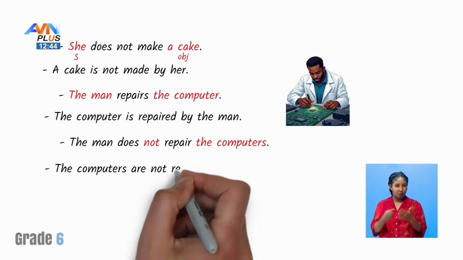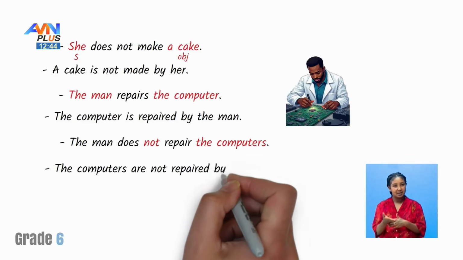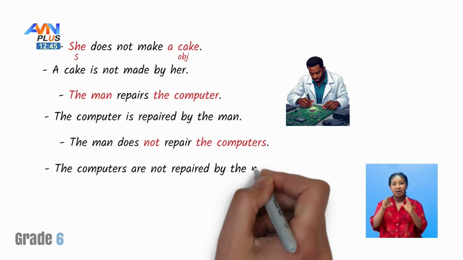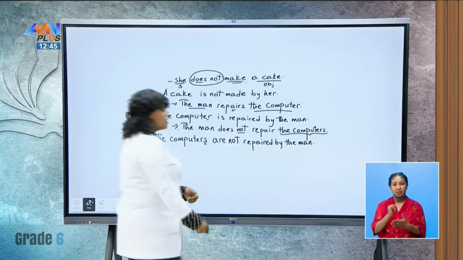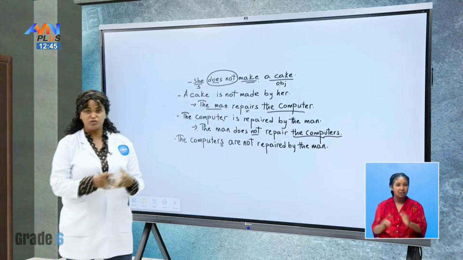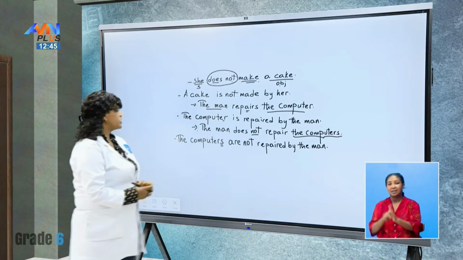So, the computers are, then it's also negative, are not. Yes? The computers are not, yes, repaired by the man. This is how we change negative simple present active into negative simple present passive.